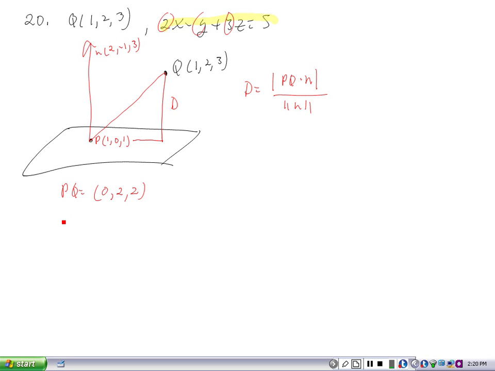And I can calculate the norm of n. This is the square root of 4 plus 1 plus 9, and that gives us the square root of 14. So now the dot product of PQ and n, PQ is 0, 2, 2, and n is 2, negative 1, and 3.